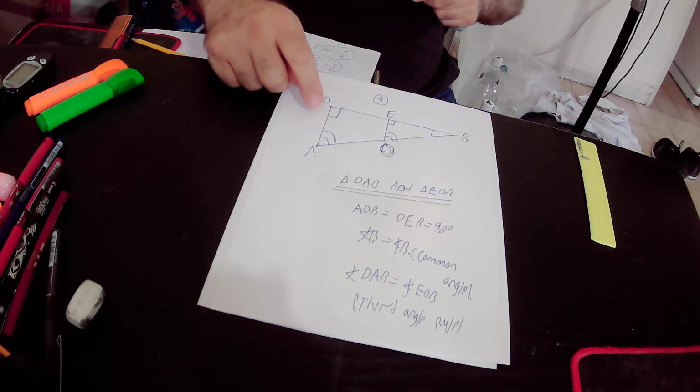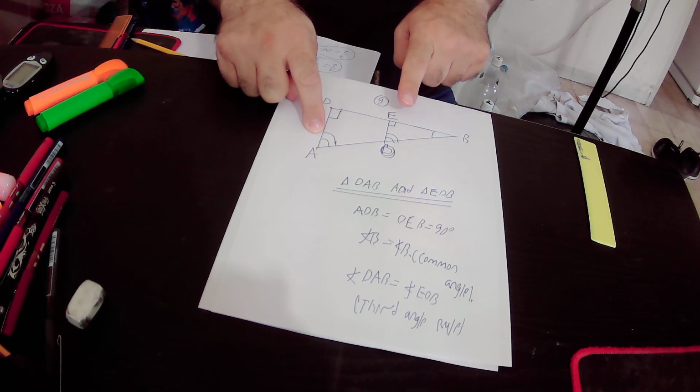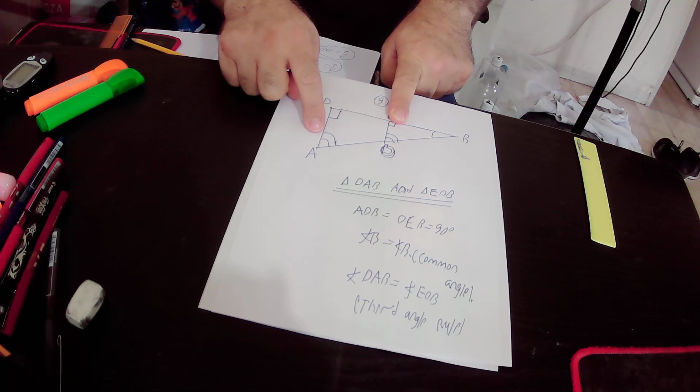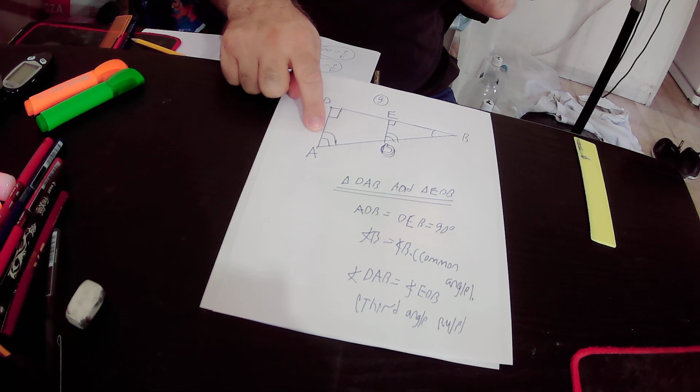And the third angle, angle DAB, equals angle EOB. Those two angles are equal to each other according to the third angle theorem.